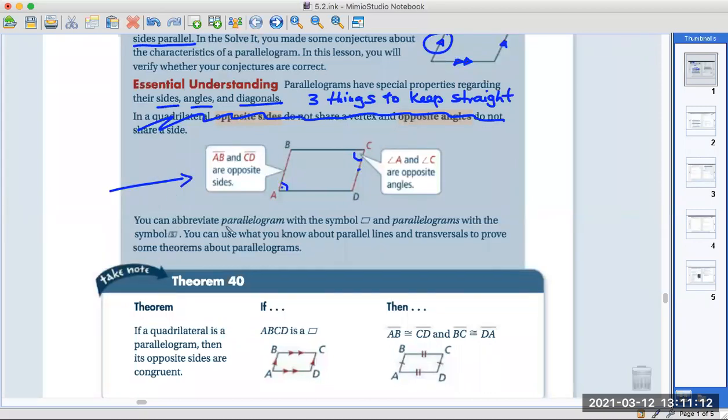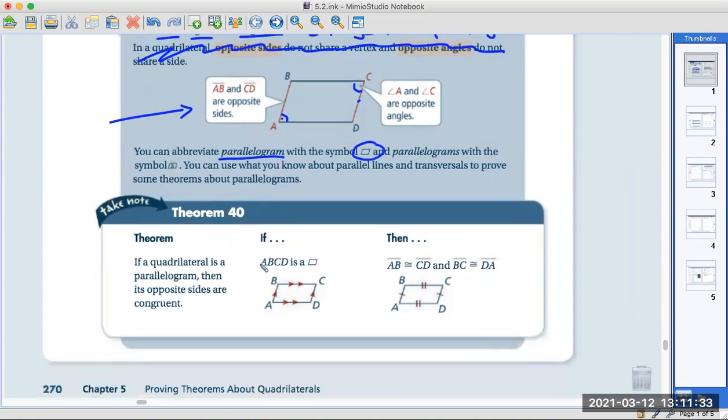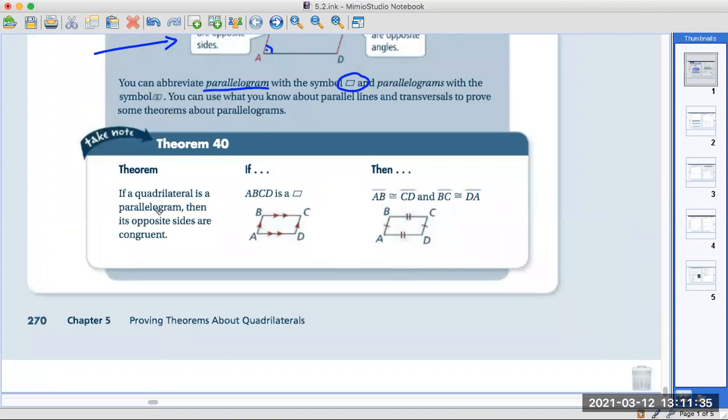Oh, and here's a good piece of information. You can abbreviate parallelogram with this symbol. So that's how we're going to write it instead of writing out the word parallelogram each time. It's like a rectangle that's leaning to a side. Okay, so the first theorem or the first idea is if a four-sided figure is a parallelogram, then opposite sides are congruent, which means equal in measure.